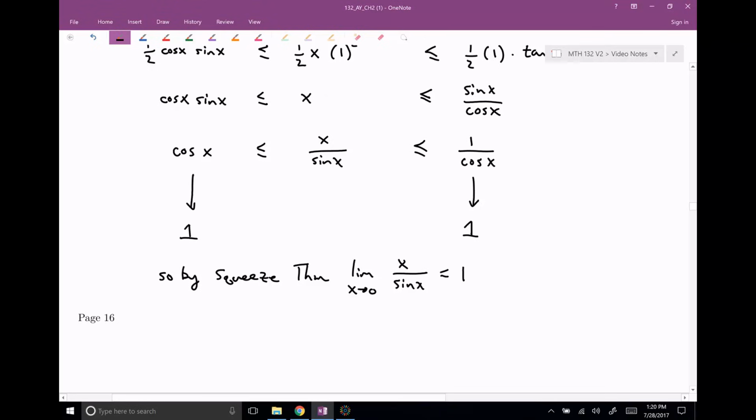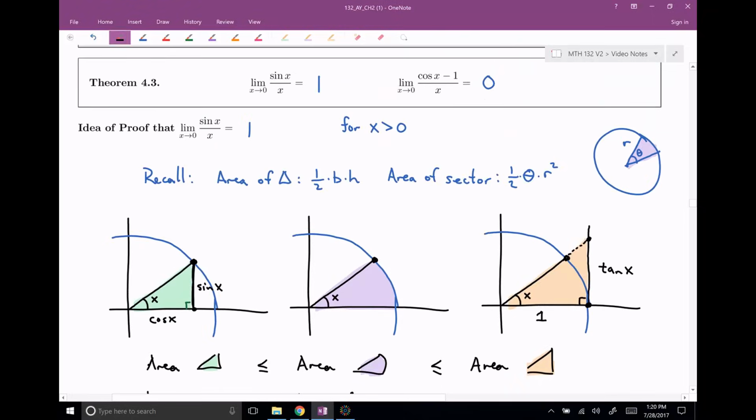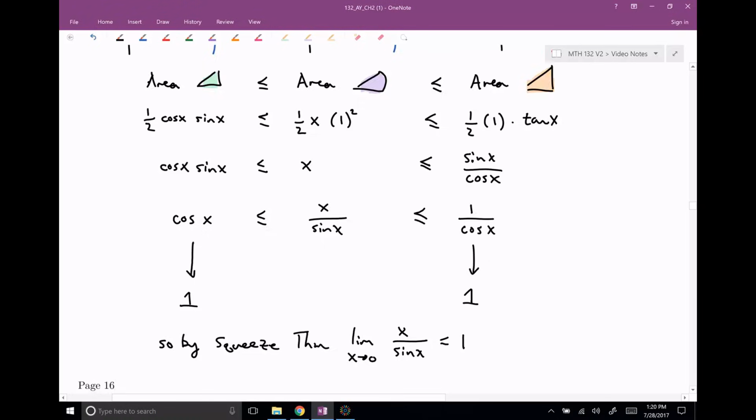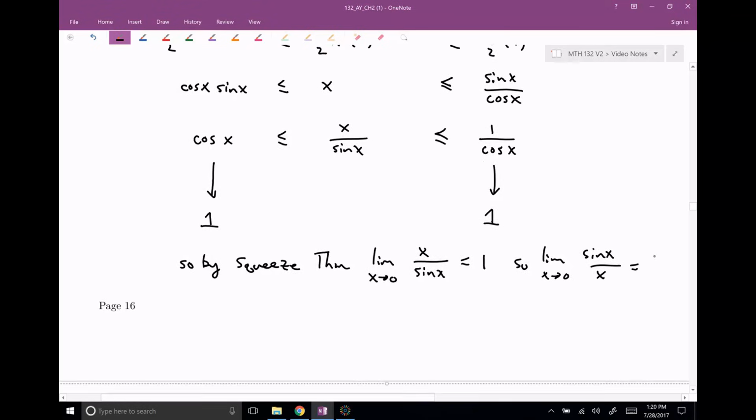So this is close to what we wanted, but notice we have it kind of flipped. I have the x on top and the sine of x on bottom. How do I fix that? Well, I need to do the reciprocal, right? So if I do the reciprocal, I would get sine of x over x. And this would go to the reciprocal of 1, that would be 1 over 1, right?